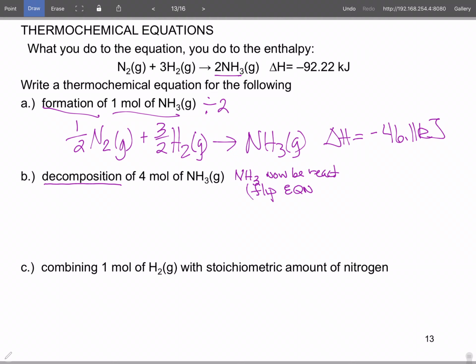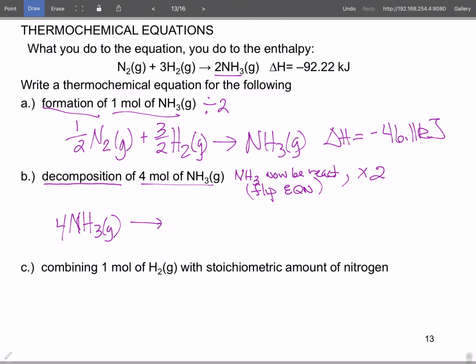Okay? So that's the first thing. But then we have 4 moles of ammonia. Well, we only had 2 moles, so we're going to multiply it by 2. So when we do this to the equation, we're going to do both. We're going to flip it, which means the ammonia is now the reactant, and we're going to multiply it by 2.